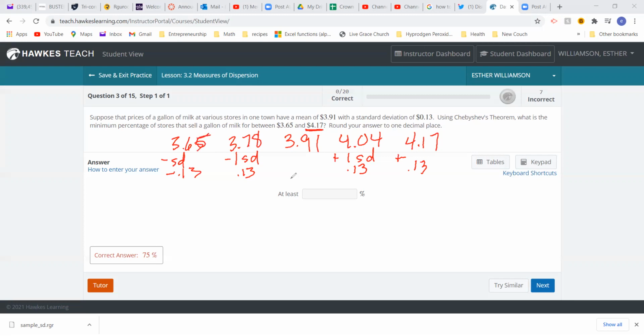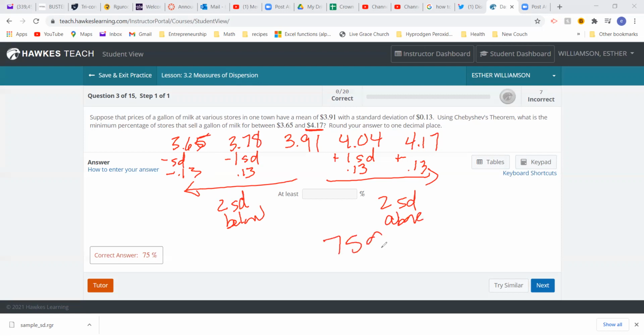So this is 2 standard deviations below the mean, and this is 2 standard deviations above the mean. And according to Chebyshev's, that's 75% of the data will fall between +2 and -2 standard deviations of the mean.